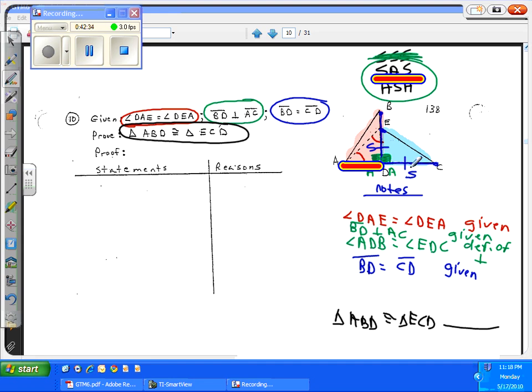And so if I'm going to prove it by side angle side, I need to know that that side of the pink triangle is equal to that side of the blue triangle.